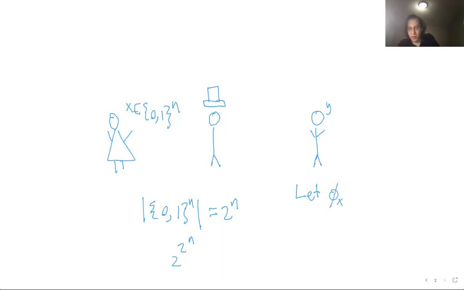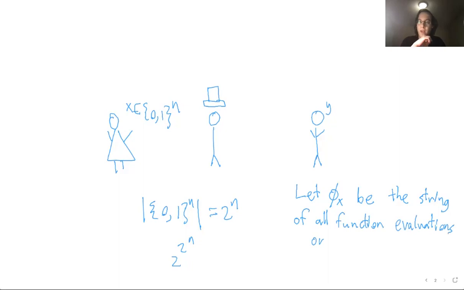Let phi x be the string of all function evaluations on x.